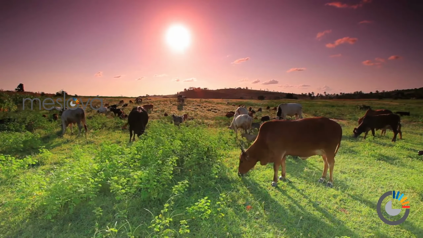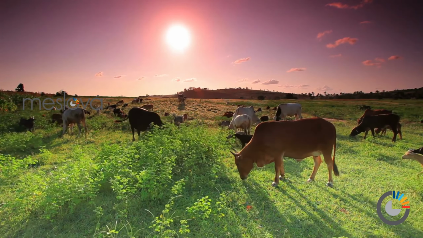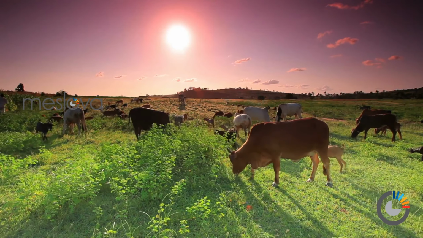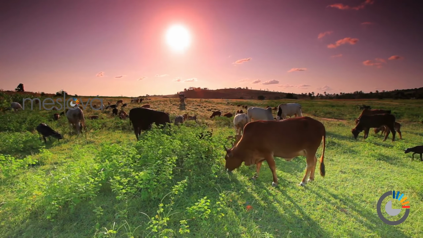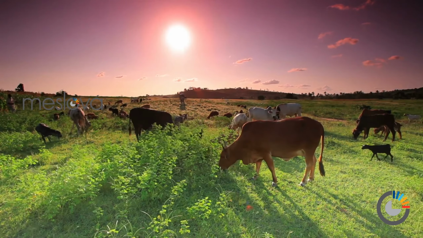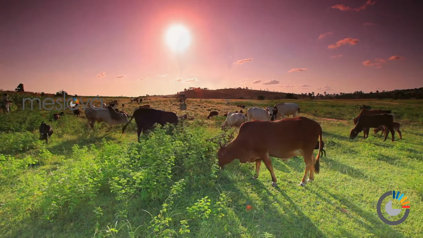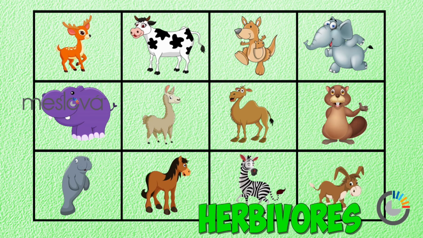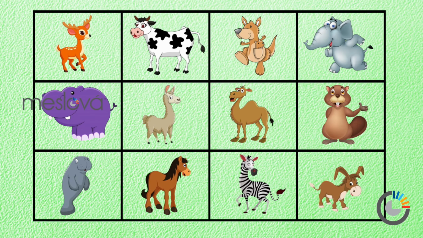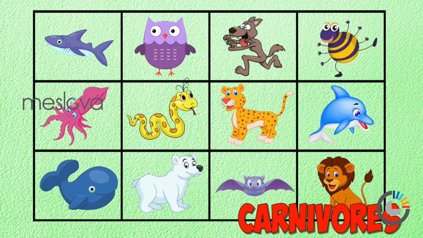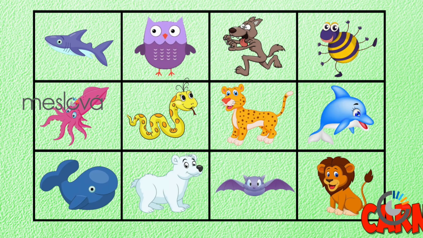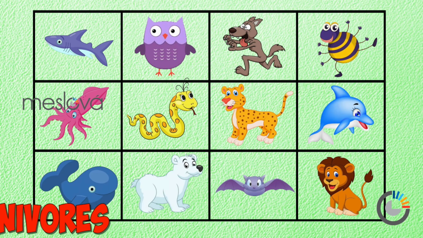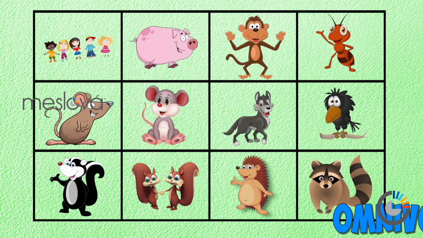Almost all of them prepare their own food material and they supply food resources for different types of consumers. And in the forest, the consumers are different types of herbivores, carnivores and omnivores.